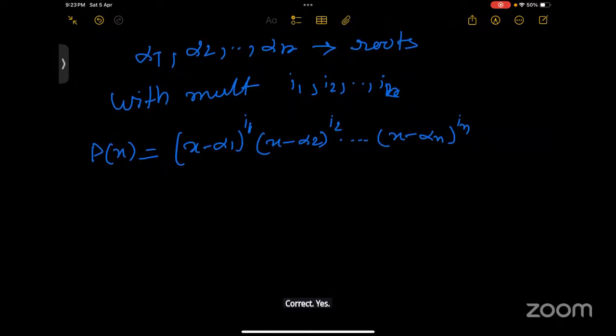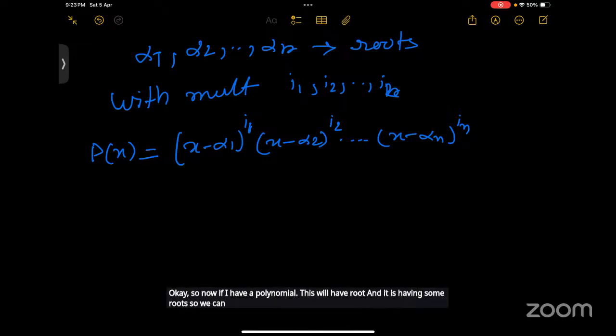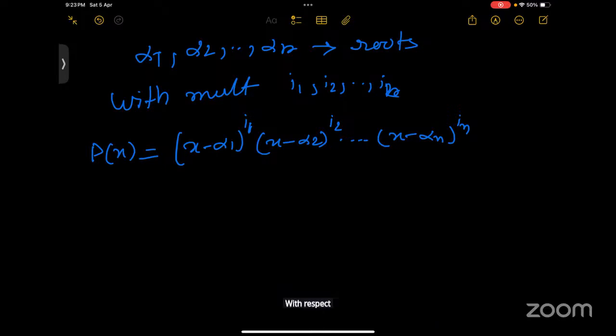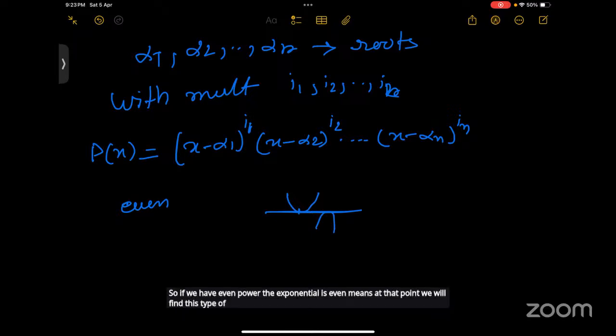So now if I have a polynomial, it will have roots, and we can factorize it and write it in this form with respect to its roots and their multiplicities. Now we can draw the graph of a polynomial. If the exponent is even, then at that point we will find this U type of figure.